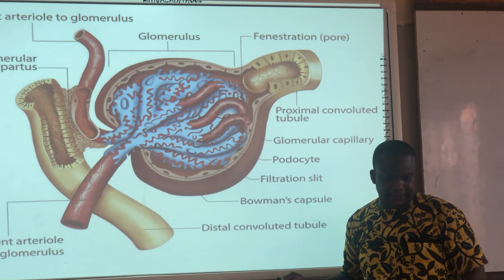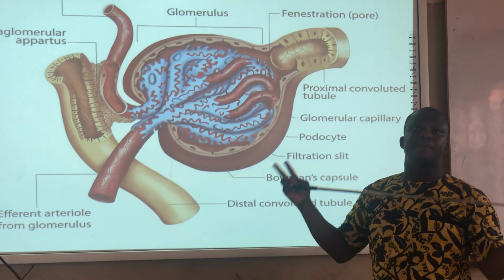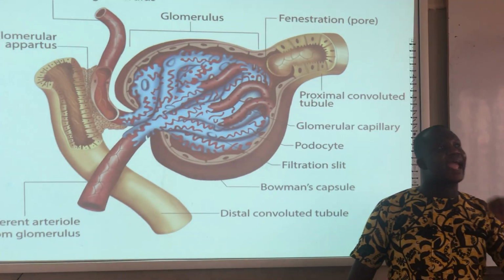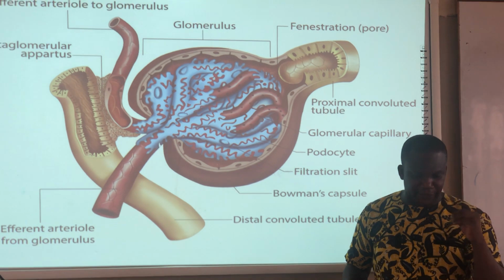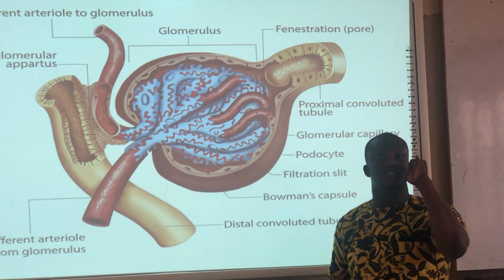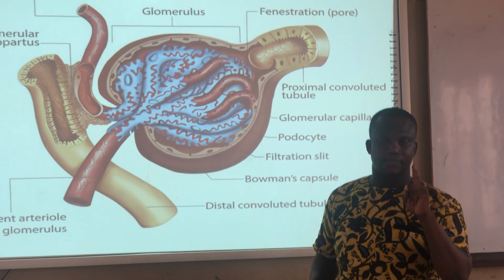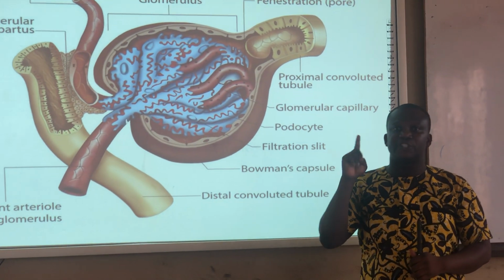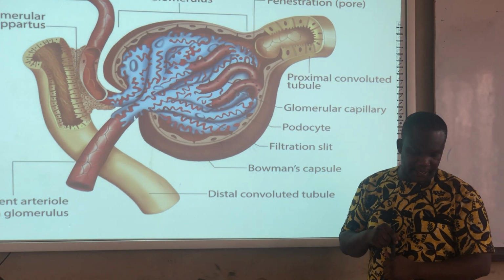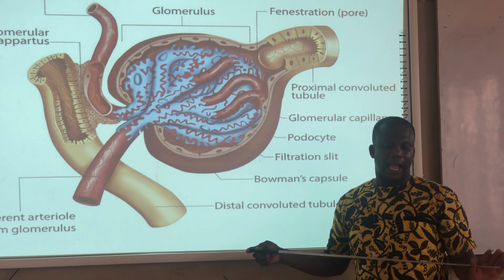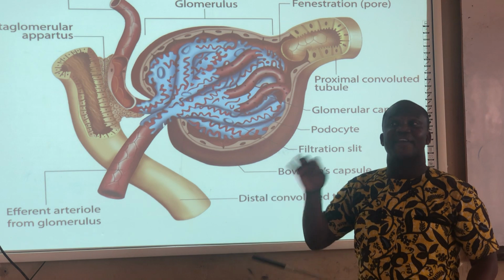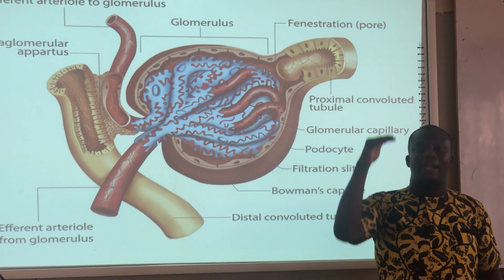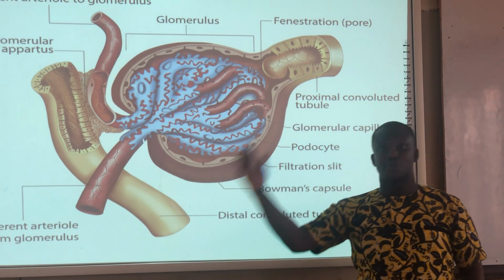And again, in both of the kidneys, we have about 180 liters of filtrate produced each day. Among the 180 liters produced each day, 1% or less will become urine.